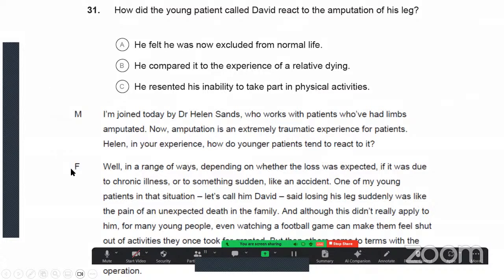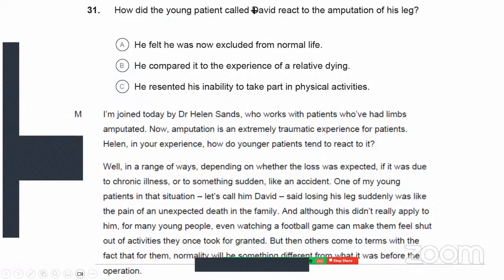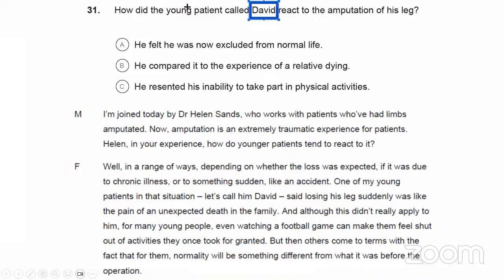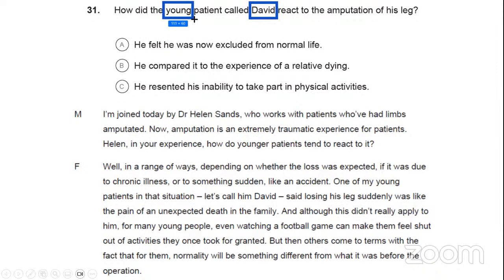How to identify this and how the question comes. David and young patient. Young. That means you can see here, the question is by a male person. So here you see younger patients. So patients only, so no need. That is not important here.